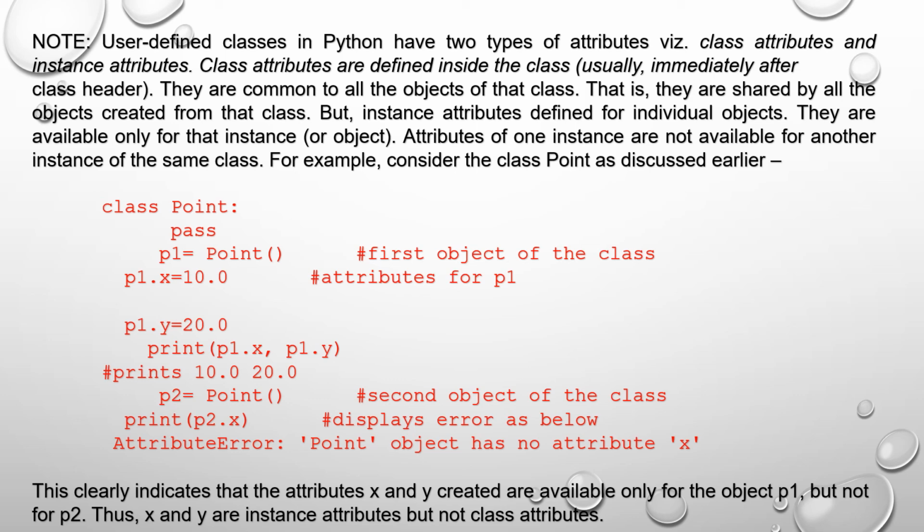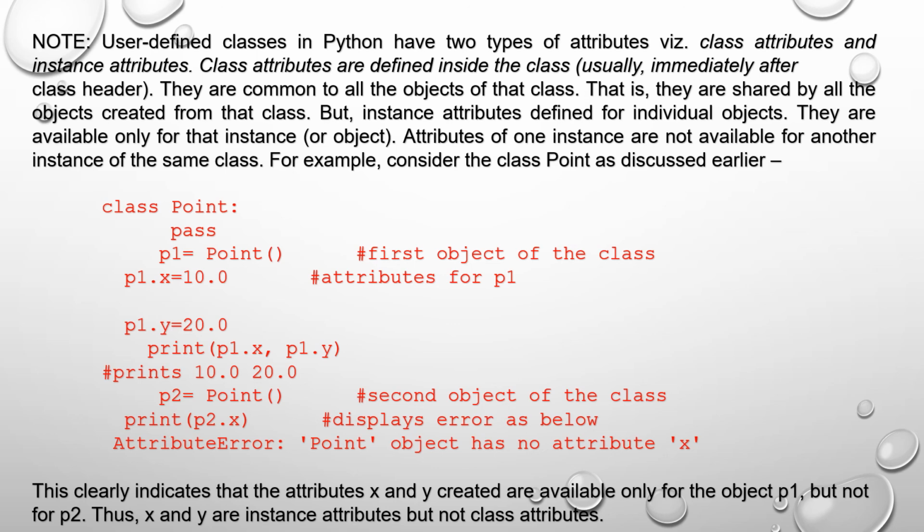That is, they are shared by all the objects created from that class. But instance attributes are defined for individual objects. They are available only for that instance. Attributes of one instance are not available for another instance of the same class.